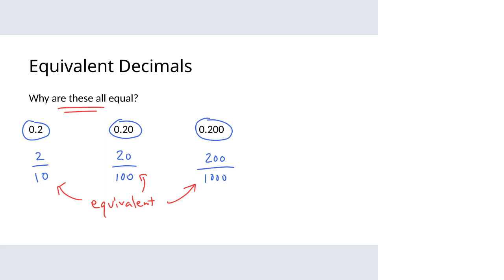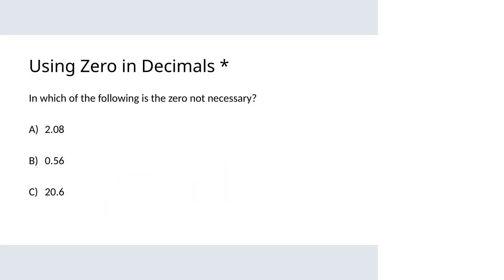Where this takes us is to, okay, so what are those zeros doing there? And I have a question for you. And those three decimals right there, 2.08, 0.56, 20.6, in which of those is the zero not necessary? I'm going to make a poll for this and let you tell me.